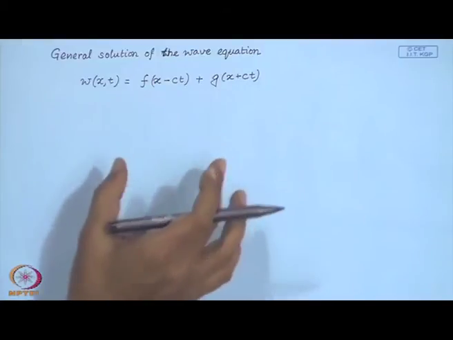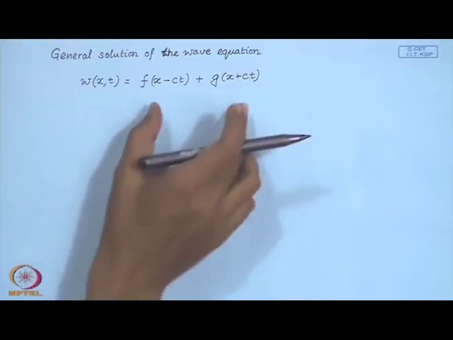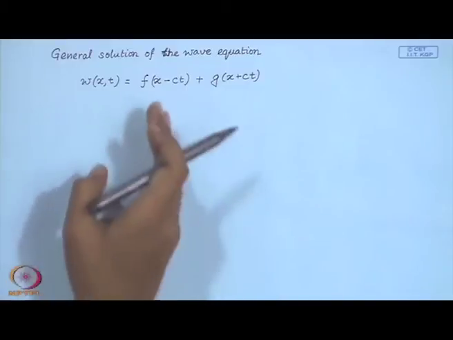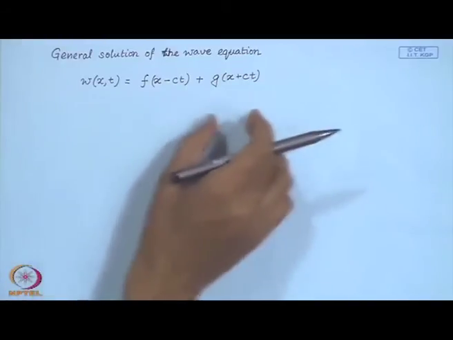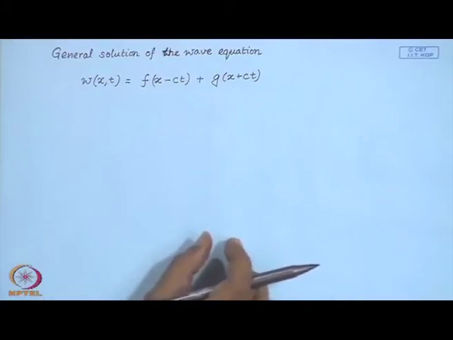So the general solution is a superposition of two oppositely travelling waves, and both of these waves are travelling at the same speed c.